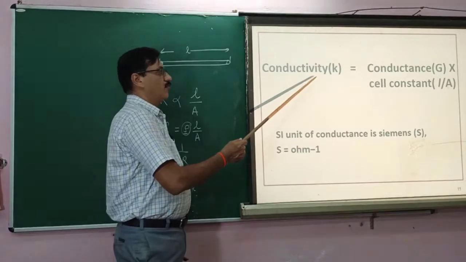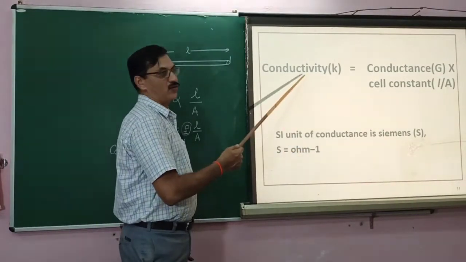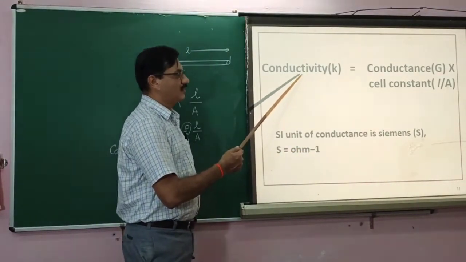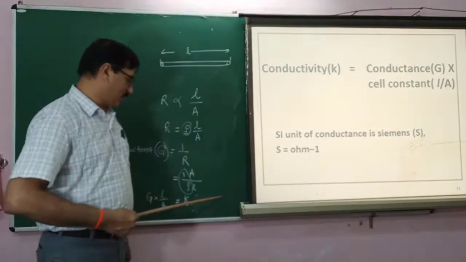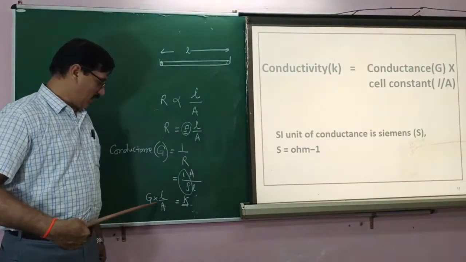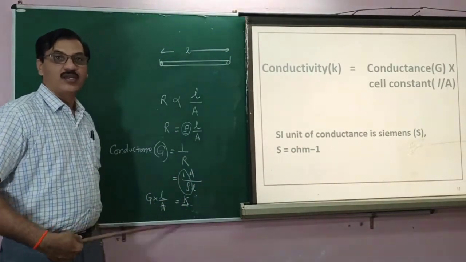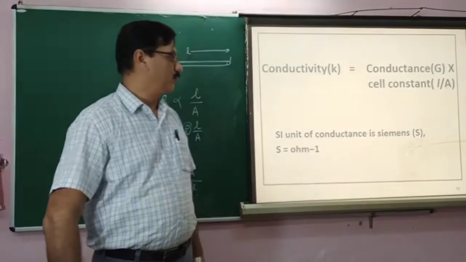This is the formula to be remembered for all calculations: conductivity kappa is equal to conductance into L by A, the cell constant.